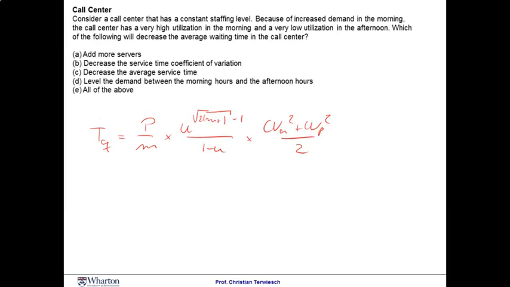All right, now let's look at the suggestions that I put up here. Adding more servers. So adding more servers is a good idea, right? You notice a larger M here will decrease TQ.